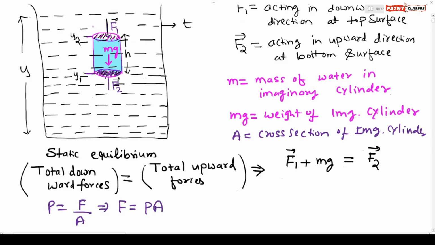Now the pressure at the top surface of the cylinder is P1 due to the water, and the pressure at the bottom surface is P2. Therefore, F2 can be written as P2 multiplied by the cross section area of the cylinder, and F1 equals P1 multiplied by the area of cross section of the cylinder.